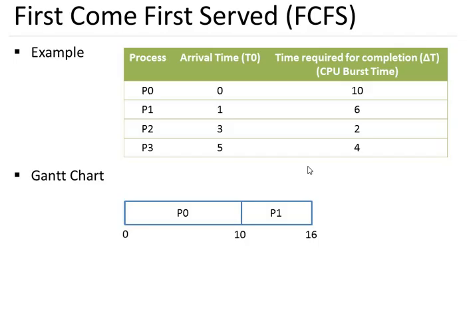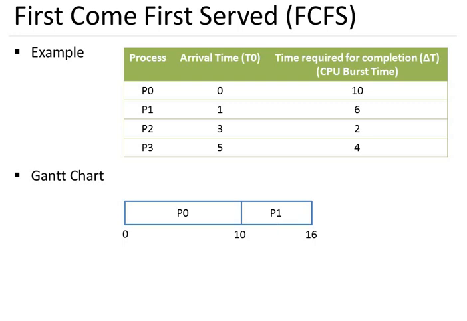Why? Because it requires 6 units. Over here you can see from this third column. So from 10 up to 16 process P1 will be executed. Now the question is, in the middle of its execution, can P1 be terminated?